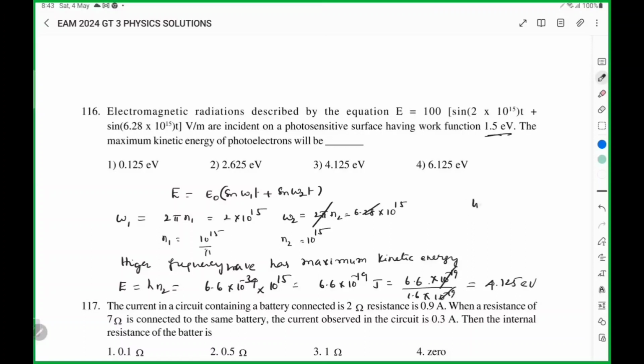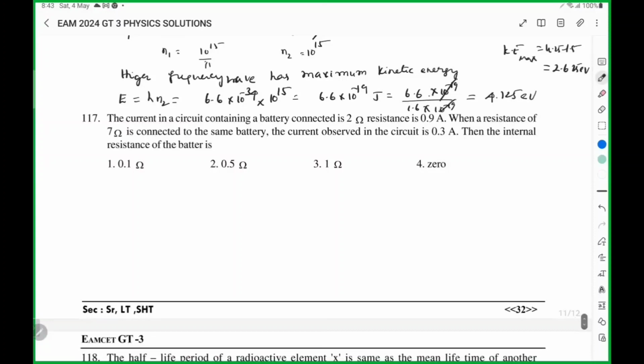So the incident energy is this, and the work function is this. The maximum kinetic energy will be 4.25 minus 1.5, which is 2.625 electron volts.